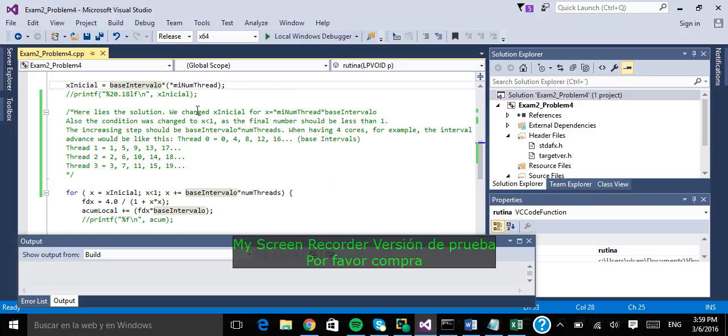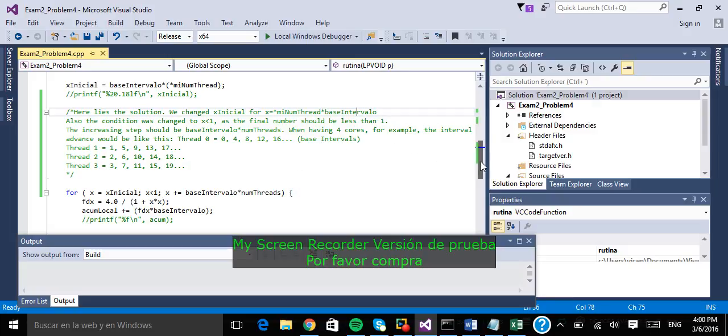So the solution was that we changed the initial x and assigned it the value of my thread number multiplied by the base interval, and also the condition was changed to x less than 1, as we saw in the graph the final value of the interval was 1.